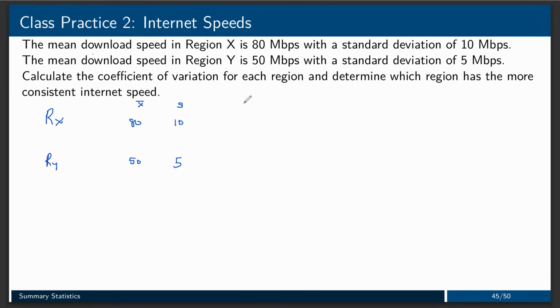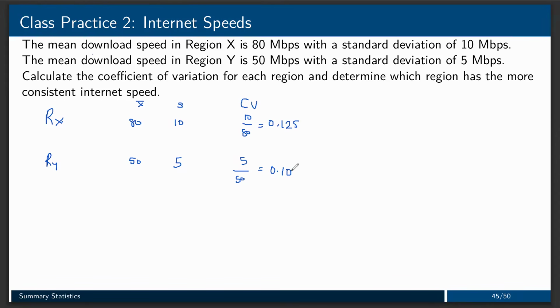So the coefficient of variation for region X is the standard deviation over the mean, 10 over 80, which is 0.125. Then for region Y, we have 5 over 50, which is 0.10.